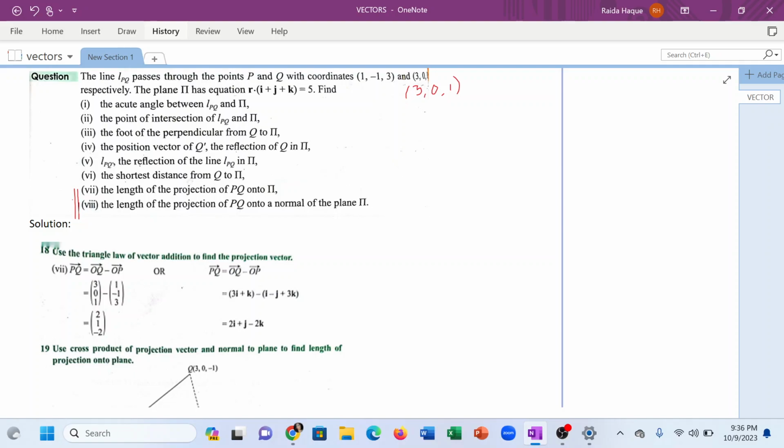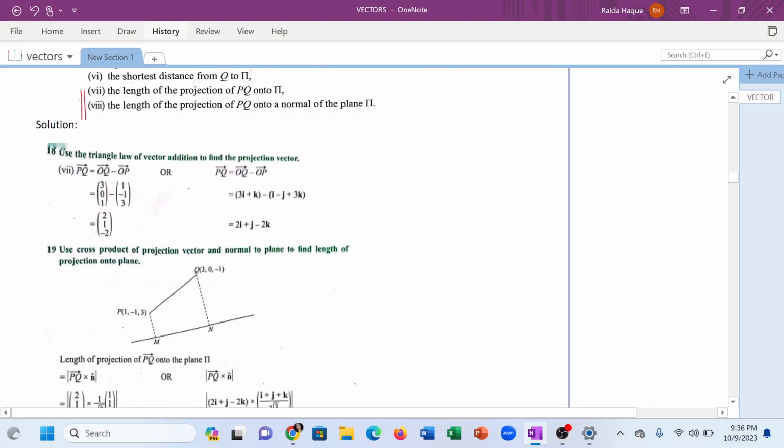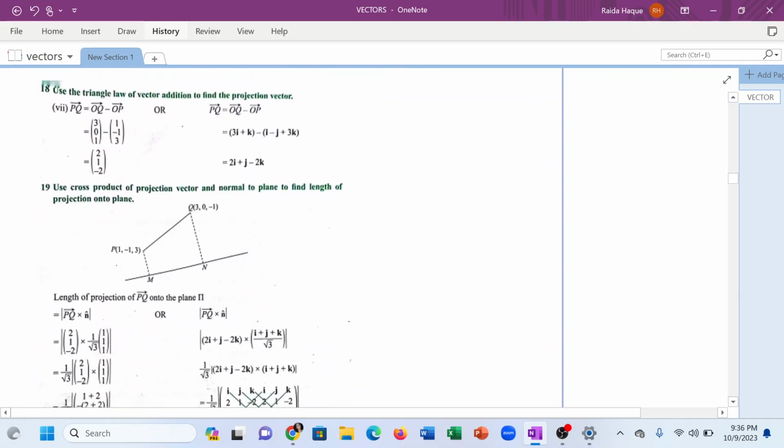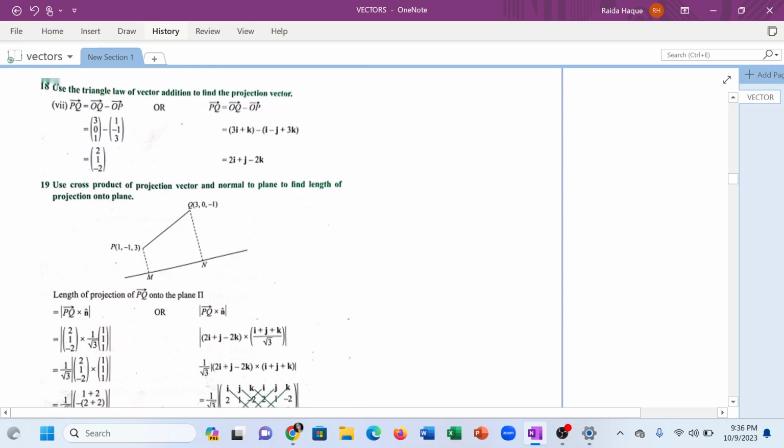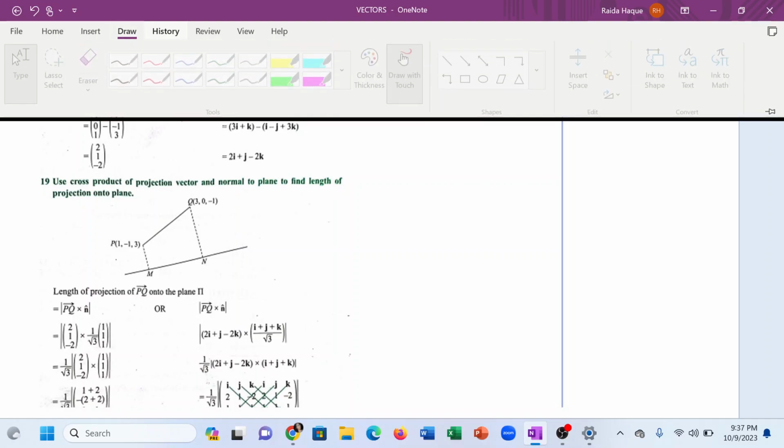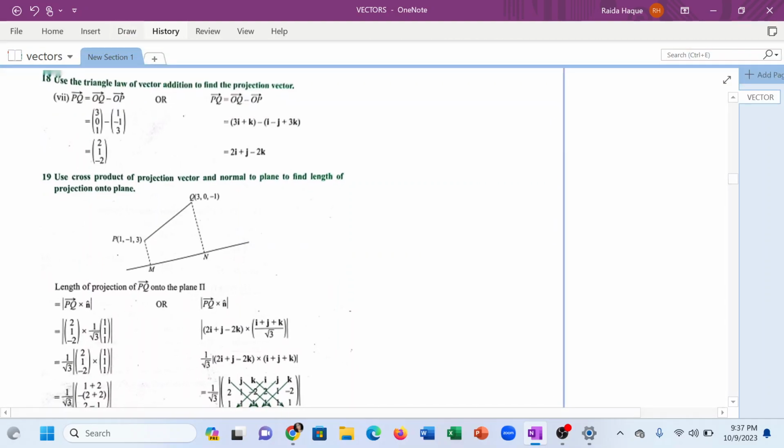Either is fine. I prefer the first one, but you can choose to do the second one. Now, use the cross product of the projection vector and the normal to the plane to find the length of the projection onto the plane. So the length of projection onto the plane is MN, right? We are required to find this part.